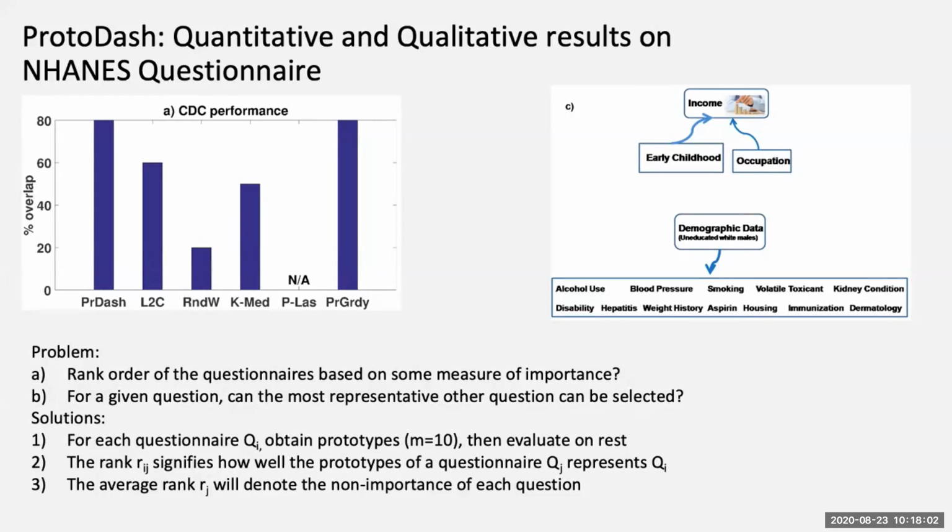So the way Prithwish handled this problem is by computing the top 10 prototypes for a particular question Qi, and then it ranks all the questionnaire for this particular ith question based on this metric Rij, so that it can ultimately rank all the questionnaire based on the average rank matrix Rij.